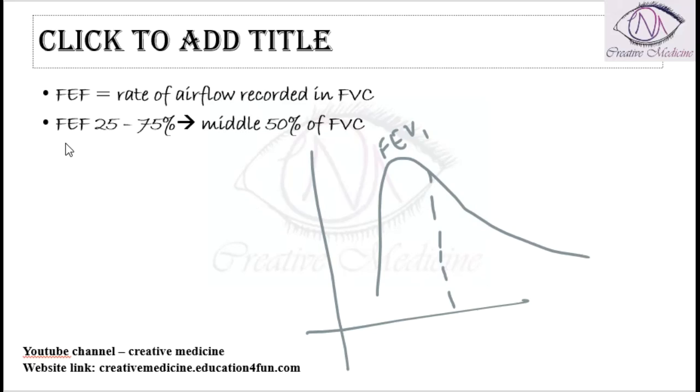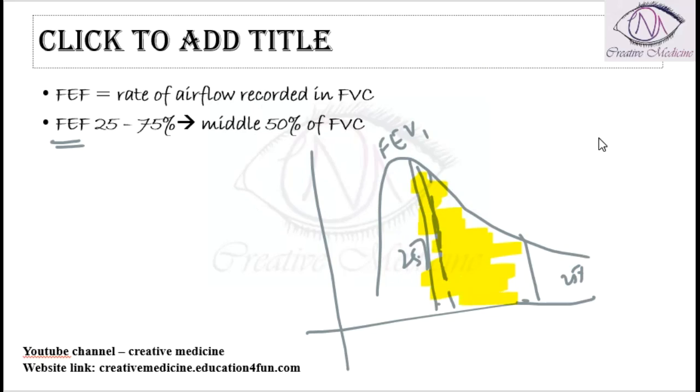And now, if you calculate forced expiratory flow rate between 25 to 75%, so this is the 25%, this is 25%, this is the middle part. So this part is forced expiratory flow between 25 to 75%. That means the middle 50% of the forced vital capacity.